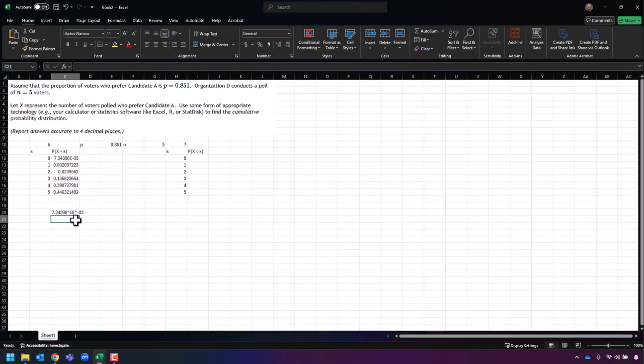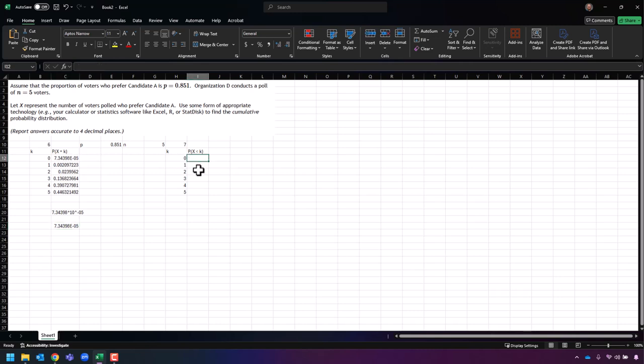And I want you to know that, because sometimes I get people to enter these as their probabilities, and they enter like 7.344 or something. What this really means is I've got 0.0000, I've got 4 zeros, and then the next value is 7.34398, and Excel just puts that into, air quotes here, scientific notation, changes it like this. But you want to know that this is what it means here. So if I was rounding to 4 decimal places, this would be 0.000, maybe 1. Anyway, so that's the probability of success.